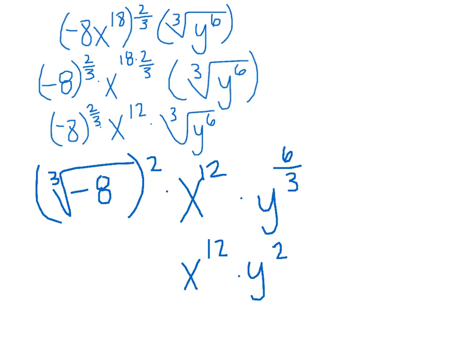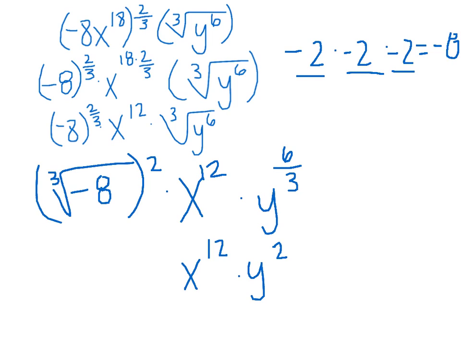And now when I look at this part, I want to remember a couple things. I want to remember that if it's a cube root, a negative underneath the cube root is okay. The reason is if I take something and multiply it times itself 3 times, I should be looking to get negative 8 here if I'm talking about a cube root. And if I put negative 2's in the slot, negative 2 times negative 2 gives us positive 4.